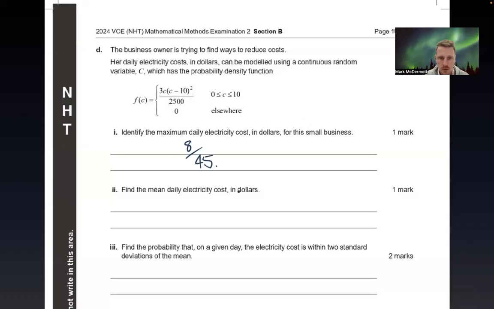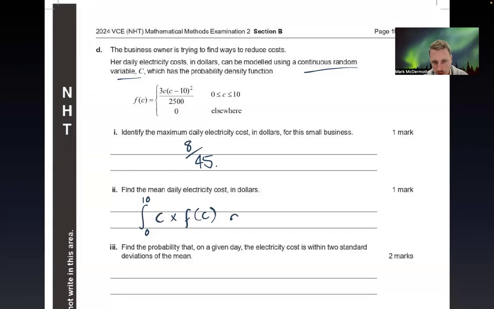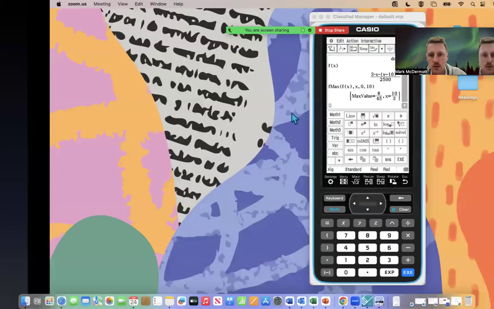8/45. Find the mean daily electricity cost in dollars. For a continuous random variable, you have to look at your formula sheet, but the mean is given by the integral from the boundary of x multiplied by f of c dc.